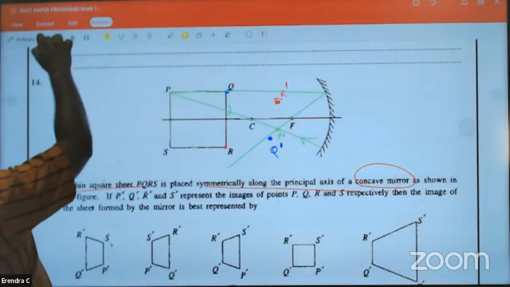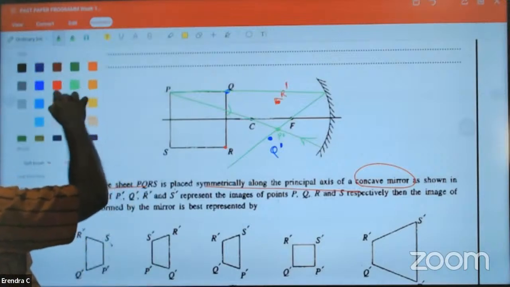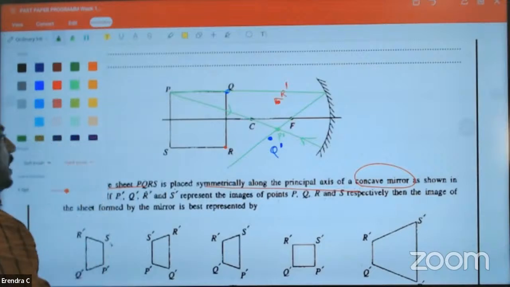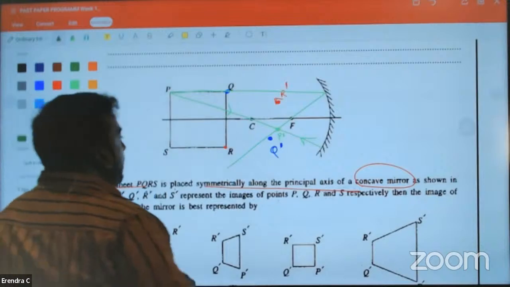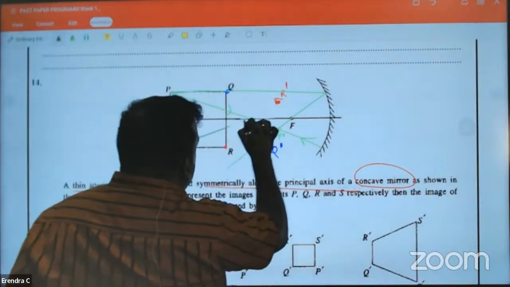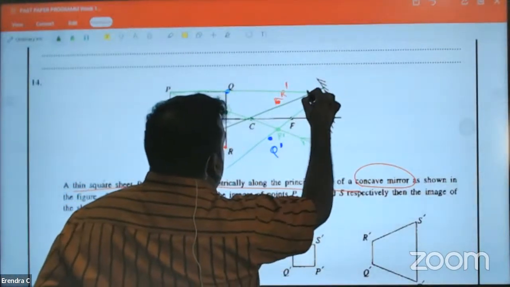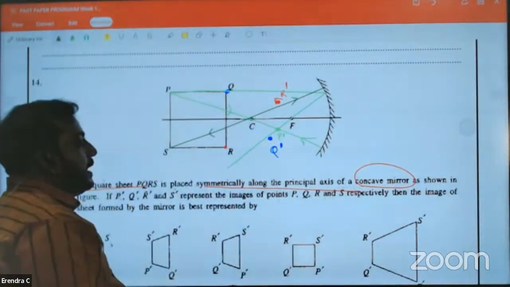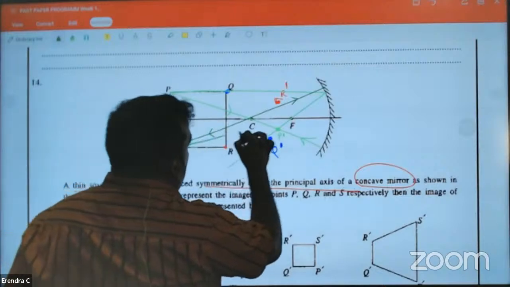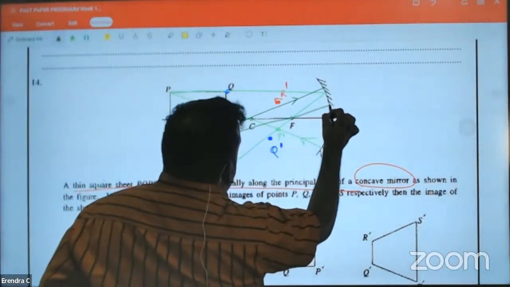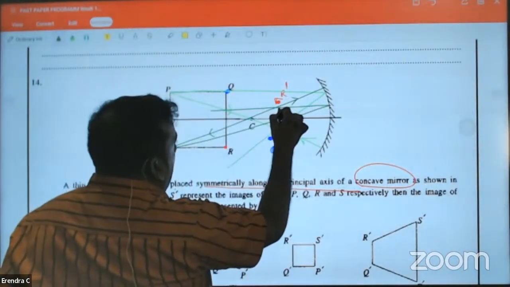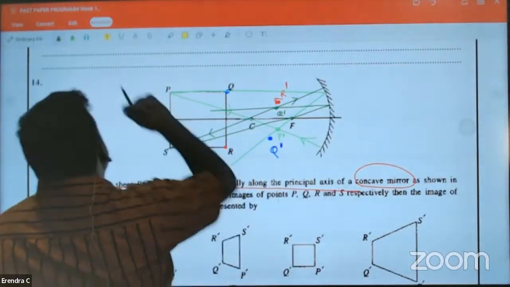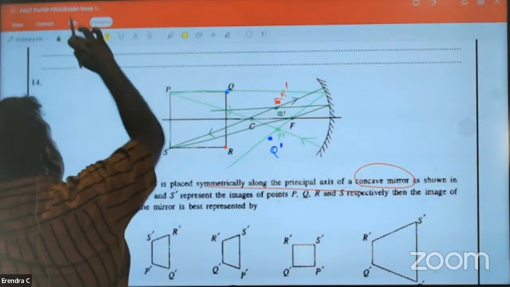Now what is the other one? I should use maybe dark green. What about S? Light rays going through the center travel back undeviated. Light rays going through the focal become parallel. Here you will get S dash.